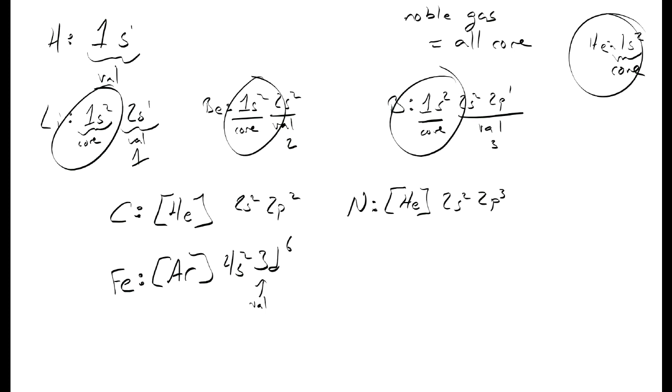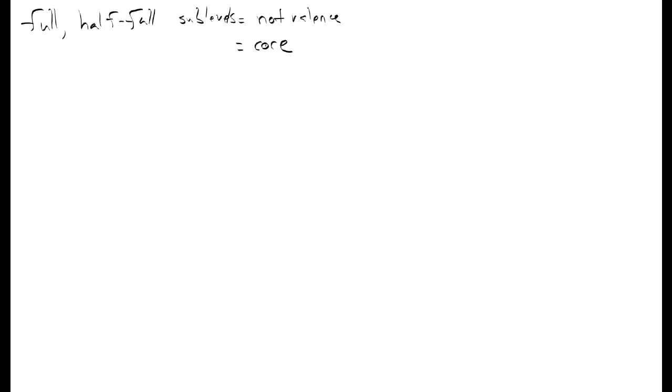But we get a complication. Electrons that have a heck of a lot of resonance no longer count as valence electrons. Not really. So we're looking at full and half-full sublevels, but only D or F. That's the important thing.